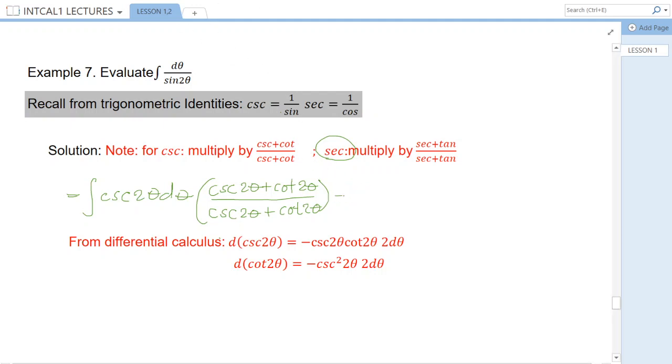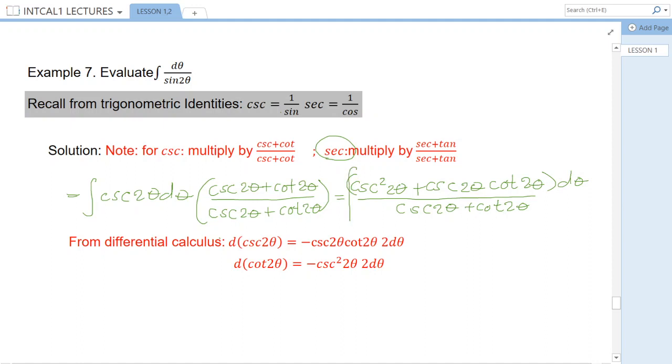So that is equal to cosecant squared 2 theta plus cosecant 2 theta cotangent 2 theta, divided by the denominator cosecant 2 theta plus cotangent 2 theta, d theta.